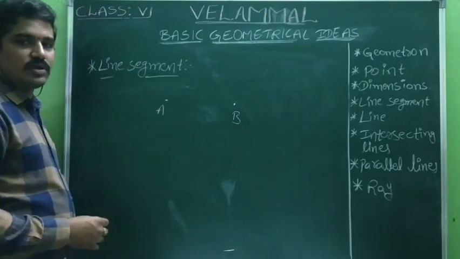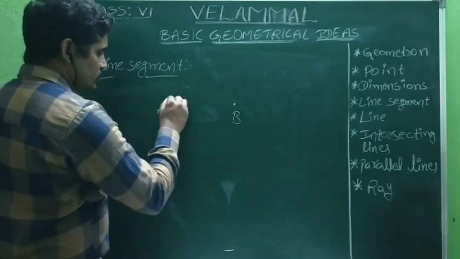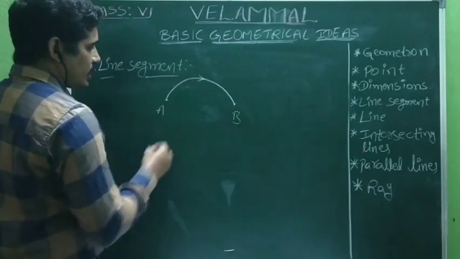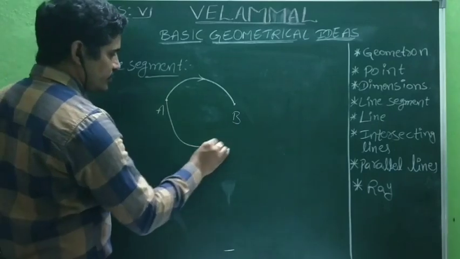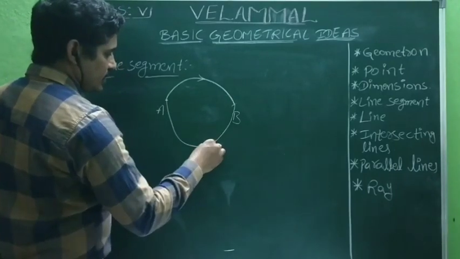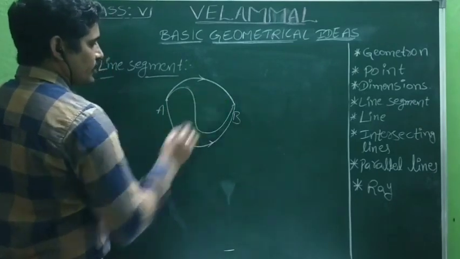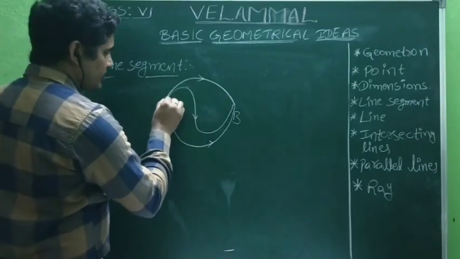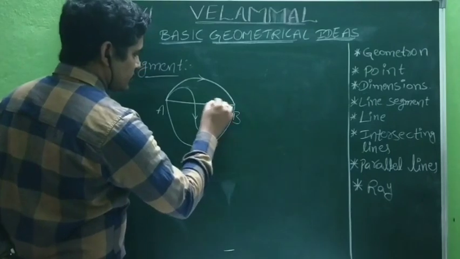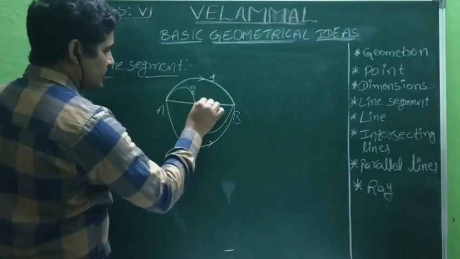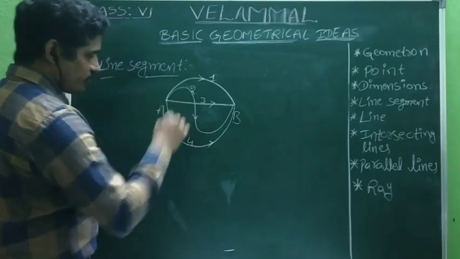I gave 4 persons to travel. One person travels in this way, another in this way, another in this way, and another in this way. This is the first person, the second person, the third person, and here the fourth person.